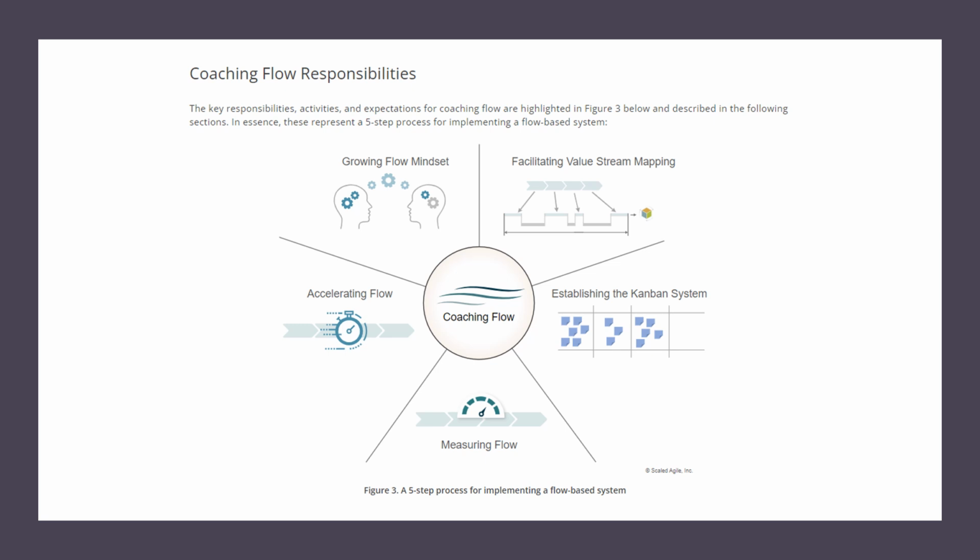We already discussed the first two responsibilities, which are facilitating value stream mapping and establishing a Kanban system. So today we are going to discuss the third step, which is measuring flow. Step 4 and step 5 I'll be discussing in my subsequent videos.